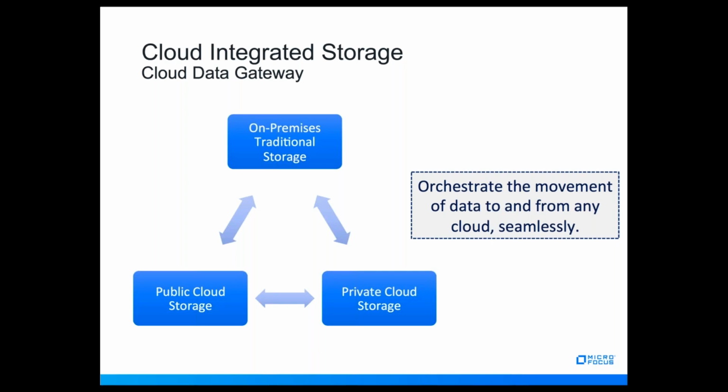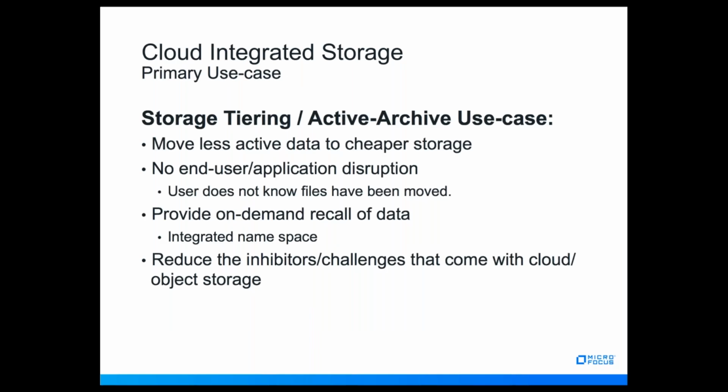The cloud integrated storage capability will orchestrate the movement of data from traditional storage to private and public cloud, to address a very specific use case of leveraging object stores or cloud storage solutions.